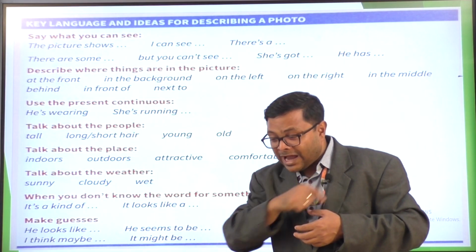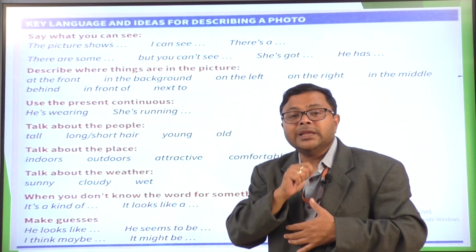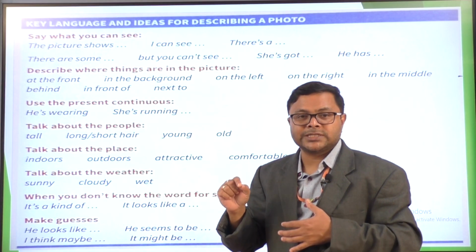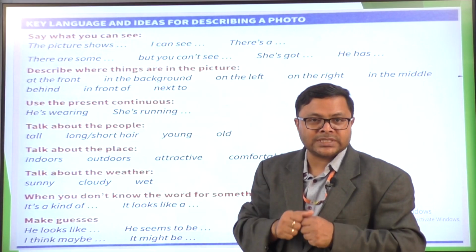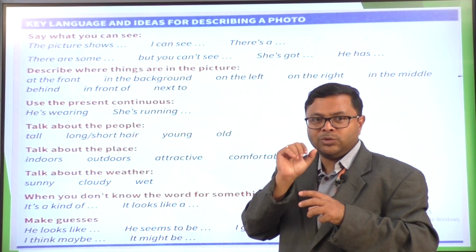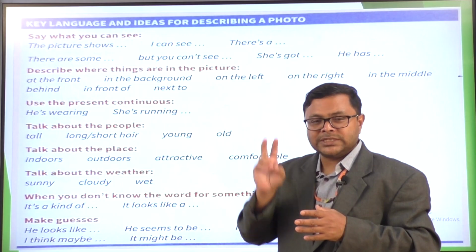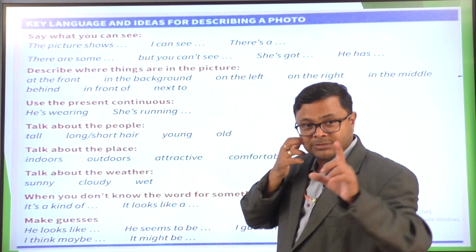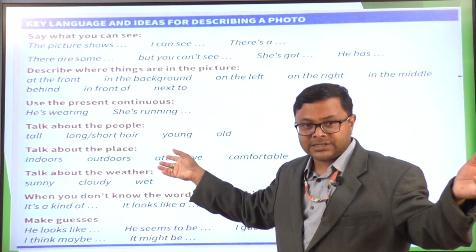If it is happening in front of you, use present continuous. For general purposes, use simple present tense. So, keep this in mind, do not use any other tense.